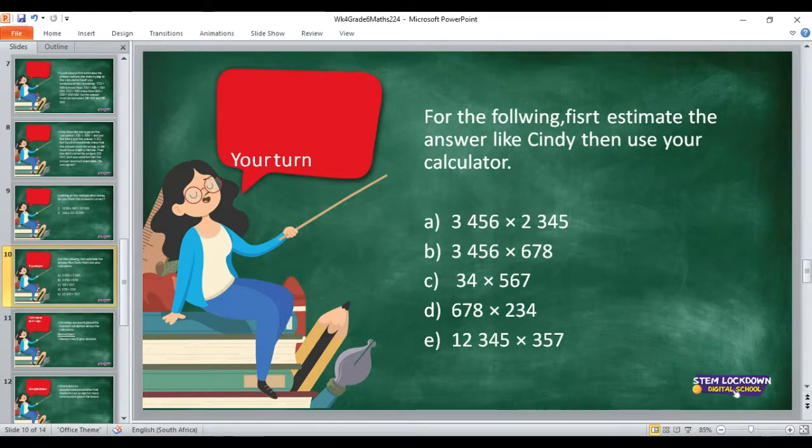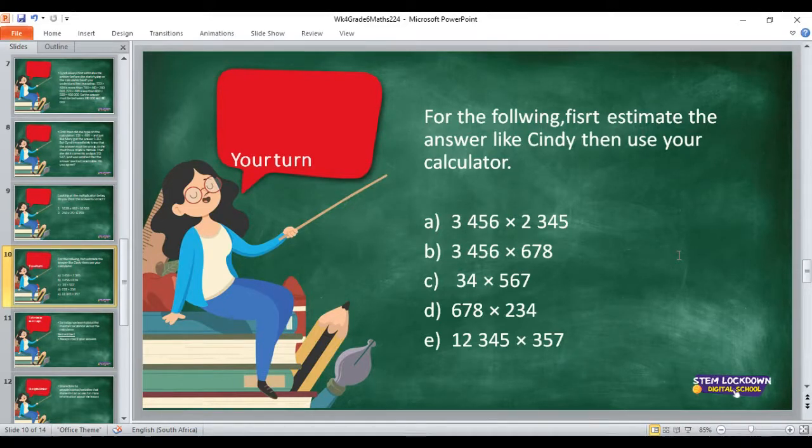Because we must always use the estimation, check, use the written method, and check. Okay, so for A and B, you can look at your numbers, estimate what the answer will be, and then give an answer.